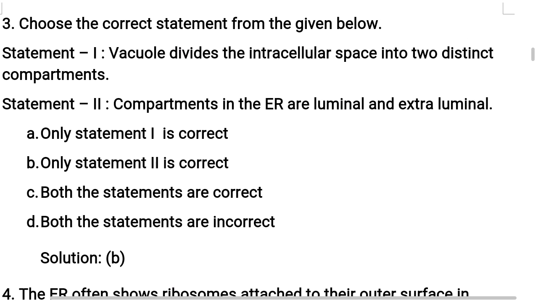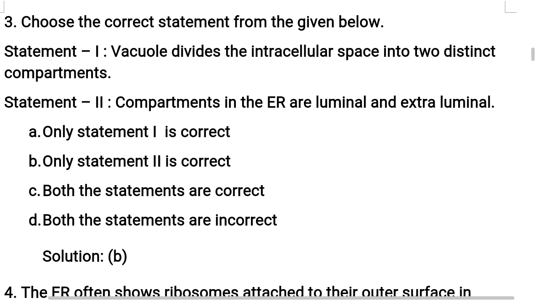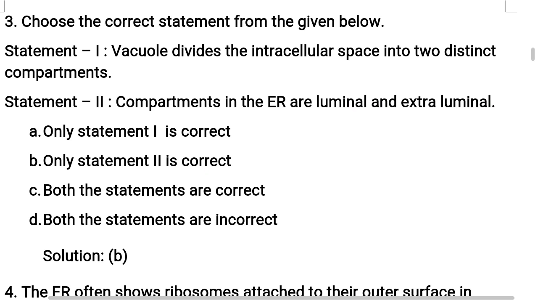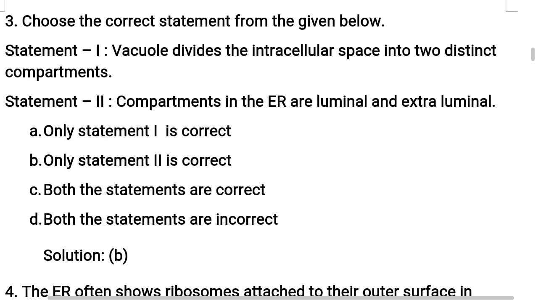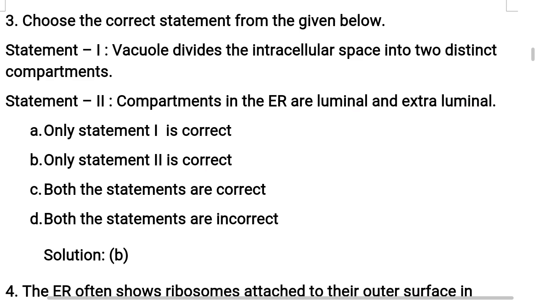Students, I would like to tell you one important point here. First statement: vacuoles divide the intracellular space into two distinct compartments. This is wrong, because here the intracellular space is not divided by the vacuole into intracellular and extracellular compartments.